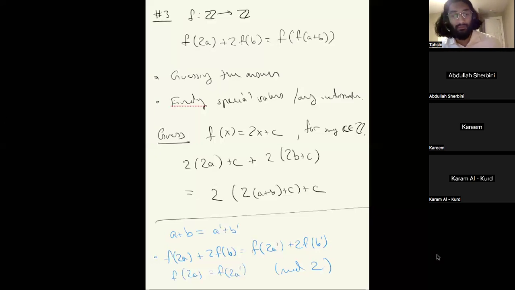Okay, so let's reconvene. Any ideas or observations? We can subtract f of 2a prime from both sides and 2f of b from both sides.